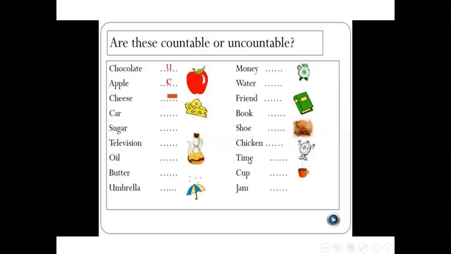Then we have water. Can you count water? No, because it's an uncountable noun, so I put some in front of water. We have different examples, so think of them and try to answer them in your homework. Okay?